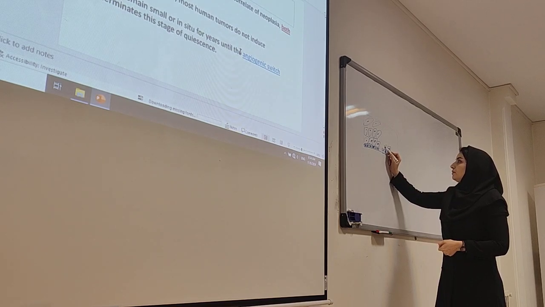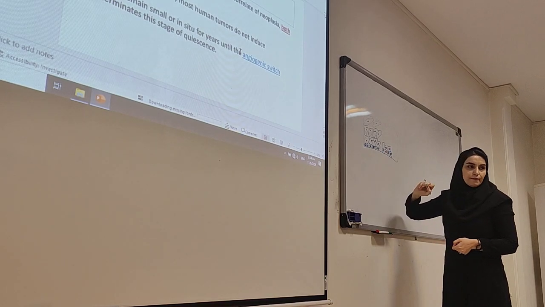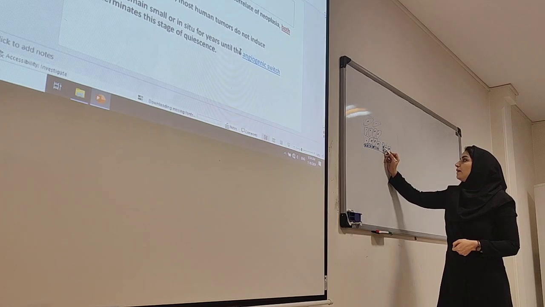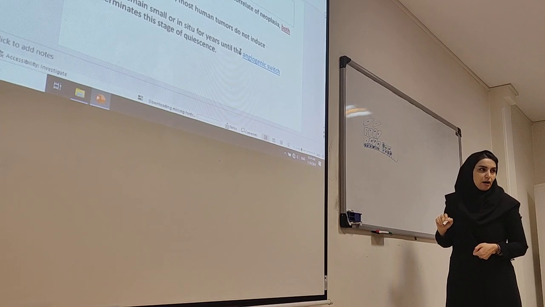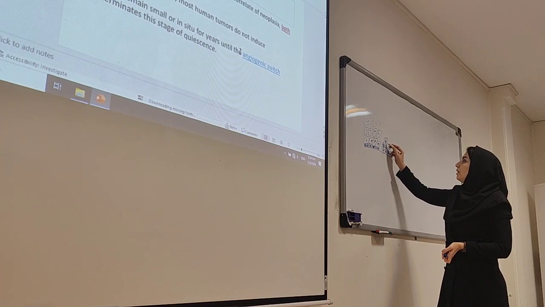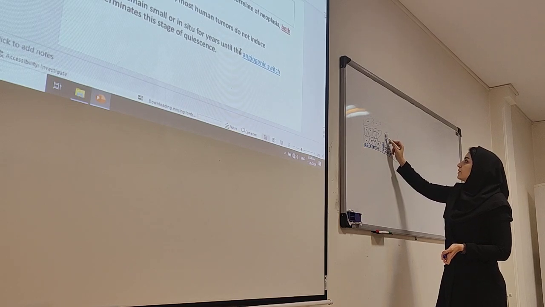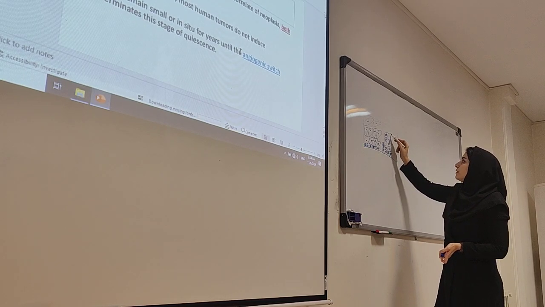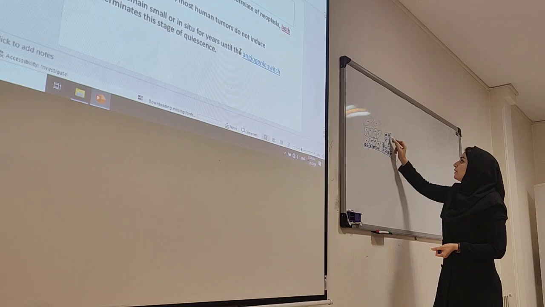All of these are mitotic figures, and we have enlarged polymorphic nuclei, bizarre-shaped nuclei here, for example. Sometimes we have multinucleation. Again, for example, mitosis here, we have anaplasia and bizarre-shaped nuclei here.